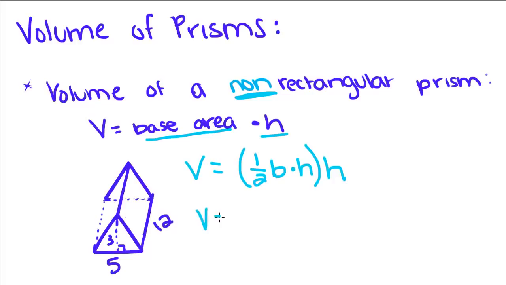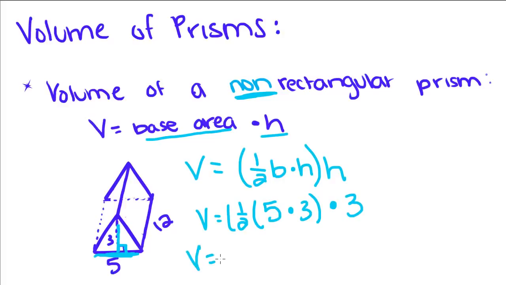So for this triangle, it's going to be 1/2 base, which is this 5 right here, times height, which has been drawn in for us, perpendicular to the base, and it measures 3, times 3.